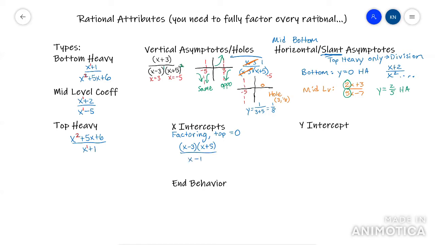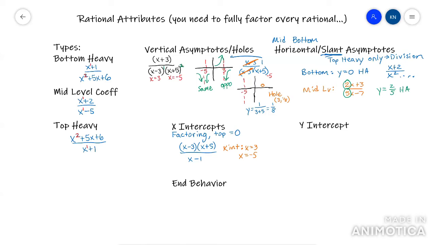First of all, look for something to cancel in case it's a hole there. Nothing cancels here. So to find the x-intercepts, you take these factors on the top and set them equal to 0 and solve. So like this one, I would have x-intercepts at 3 and at -5.